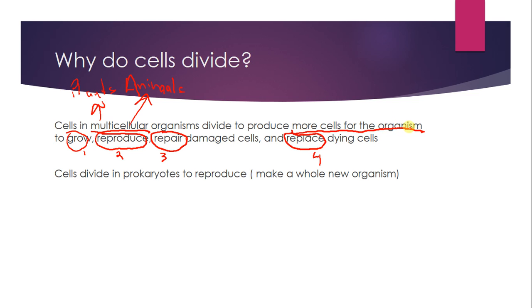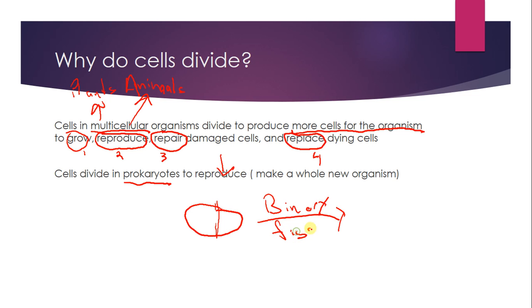In prokaryotes that undergo binary fission, cells divide to reproduce. So when you have a bacteria and it goes through binary fission and you get 2 bacteria cells out, these are 2 separate organisms.